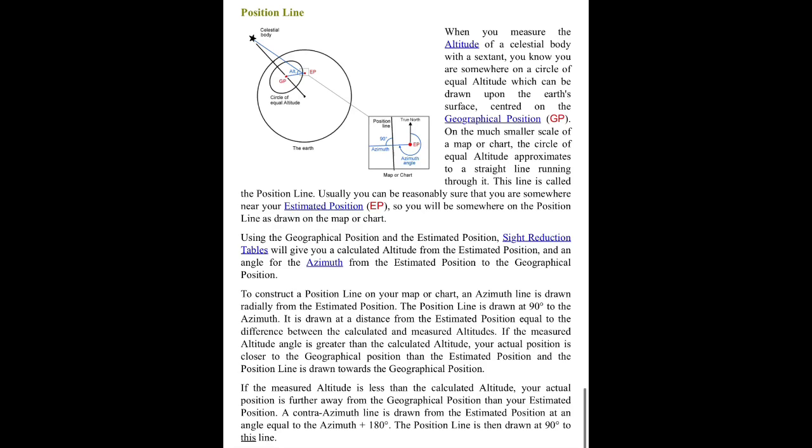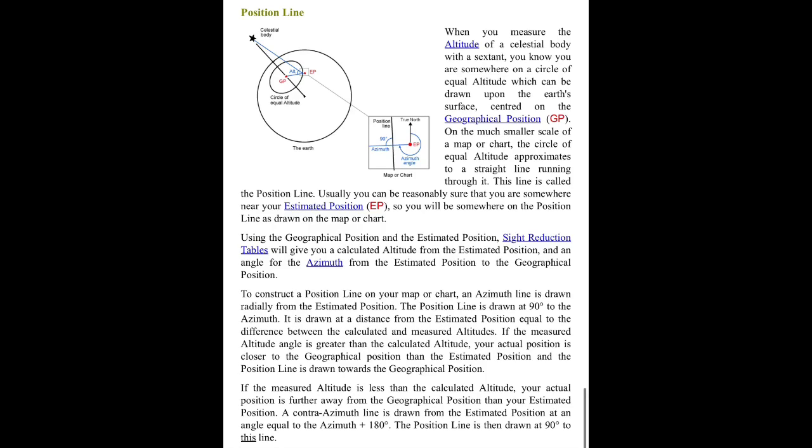Using the geographical position and the estimated position, sight reduction tables will give you a calculated altitude from the estimated position, an angle for the azimuth, and from the estimated position to the geographical position. To construct a position line on your map or chart, an azimuth line is drawn radially from the estimated position.